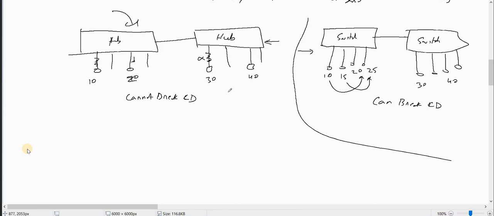Only one at a time can communicate. Okay, but when 10 is sending the data, how will 30 know that 10 is sending the data? And don't say it is sent to everybody, because I'm literally going into the wire. Right now the data is on this wire. It still did not even come to the hub.